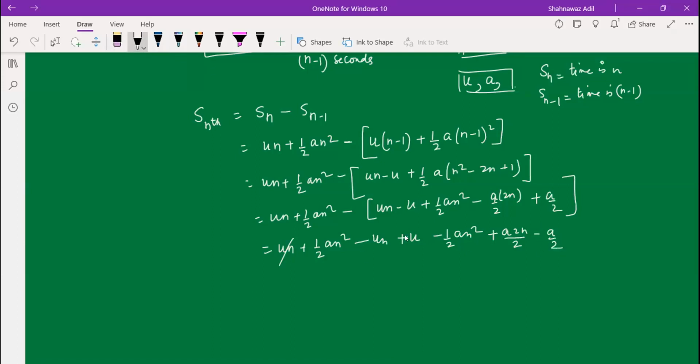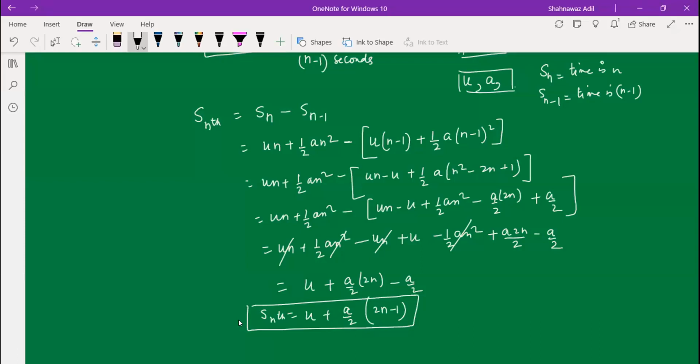Right, so un will cancel, an square cancel. So u plus a by 2 into 2n minus a by 2. So I can take a by 2 common, and this is 2n minus 1. So this is the distance traveled in nth second.